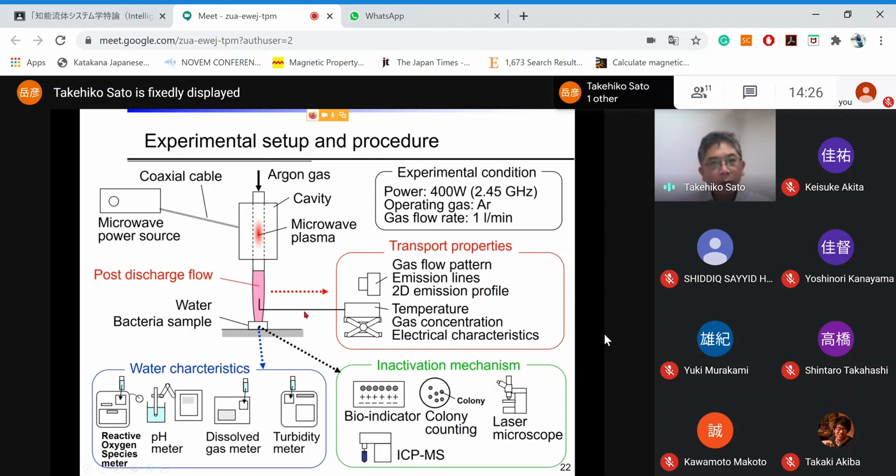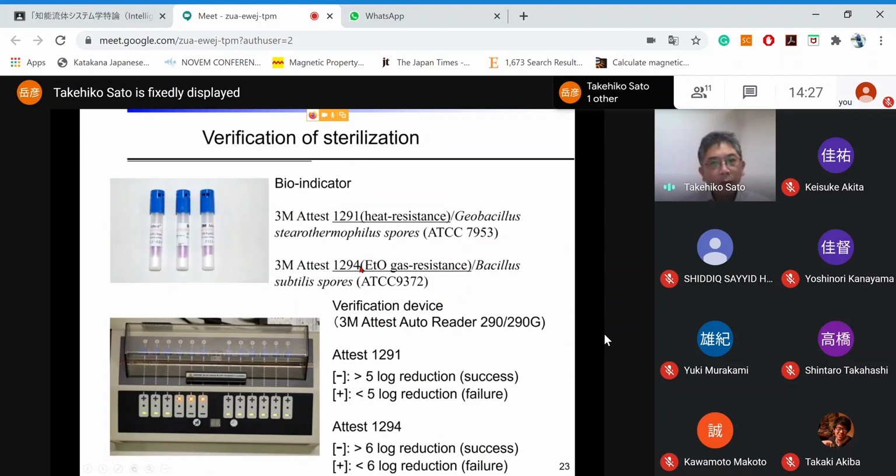So this is the experimental setup. We check, of course, the water characteristics, inactivation mechanism and transport properties. And at first, we use the bioindicator to check the sterilization.